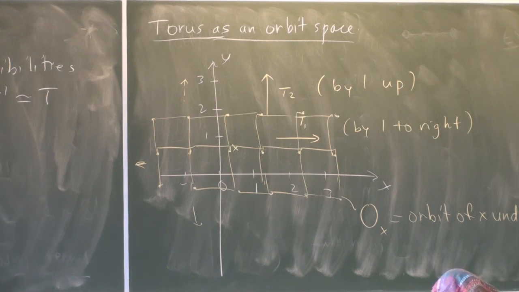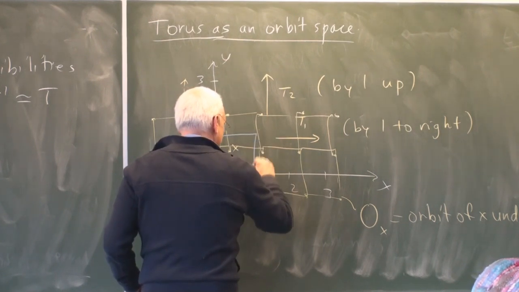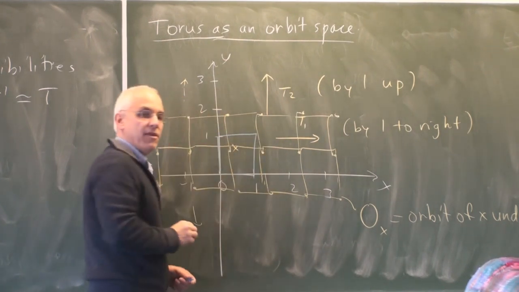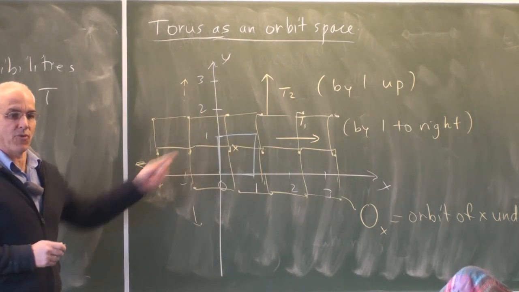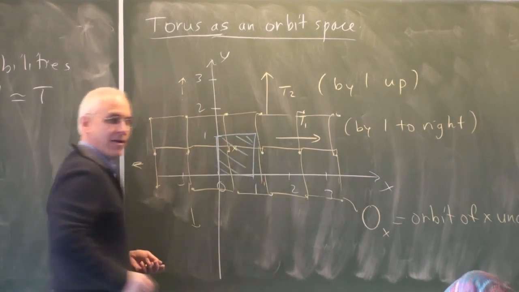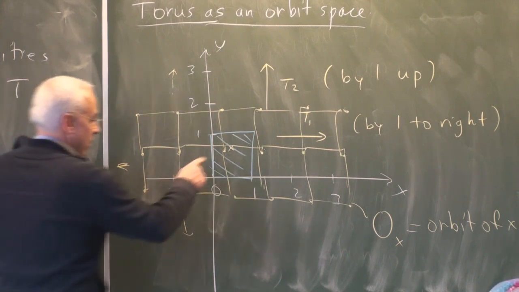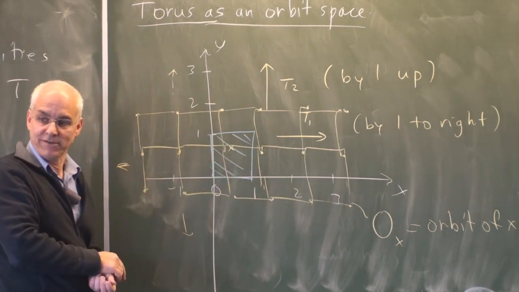Well, every orbit has a representative in this. I'll choose this unit square rather arbitrarily. I could choose any square. If I choose this particular square, then every orbit intersects or meets that particular square. Most of them meet it in just one point.